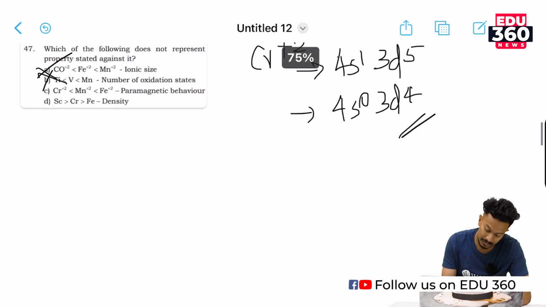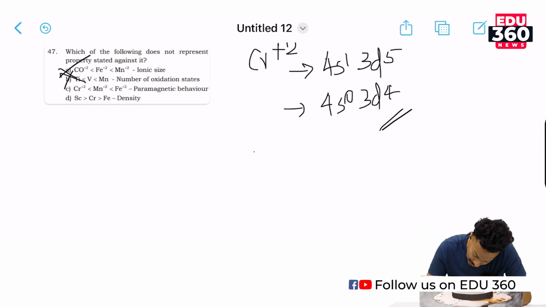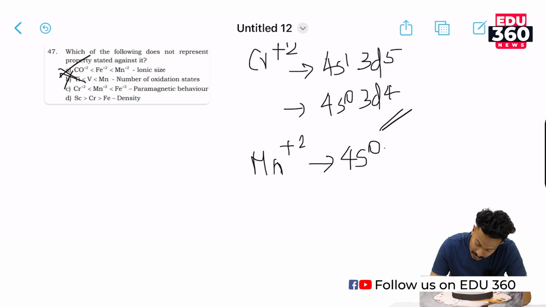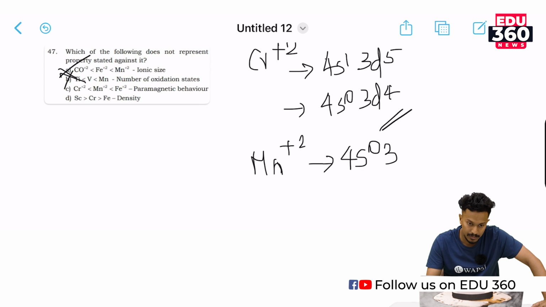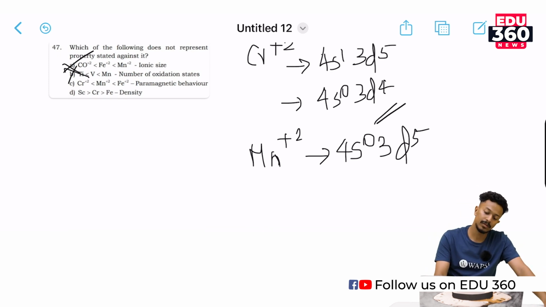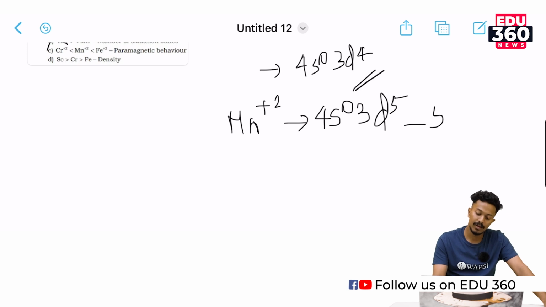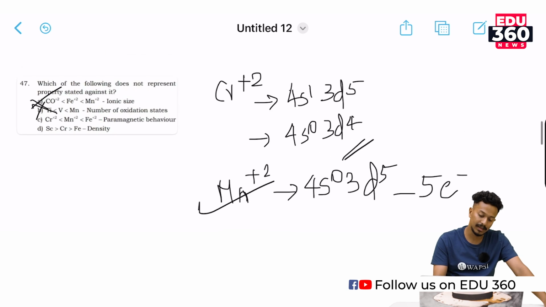Moving on to the next one, Mn2+, which has 4s0 3d5, which has 5 unpaired electrons. So this is also paramagnetic.